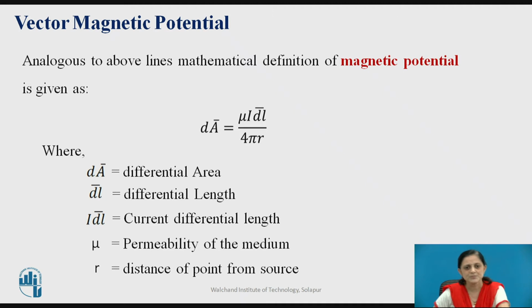Mu is the permeability of the medium, where mu can also be defined as mu naught mu r. Mu naught is the permeability of the free space and mu r is the relative permeability. The small r denotes the distance of the point from the source.